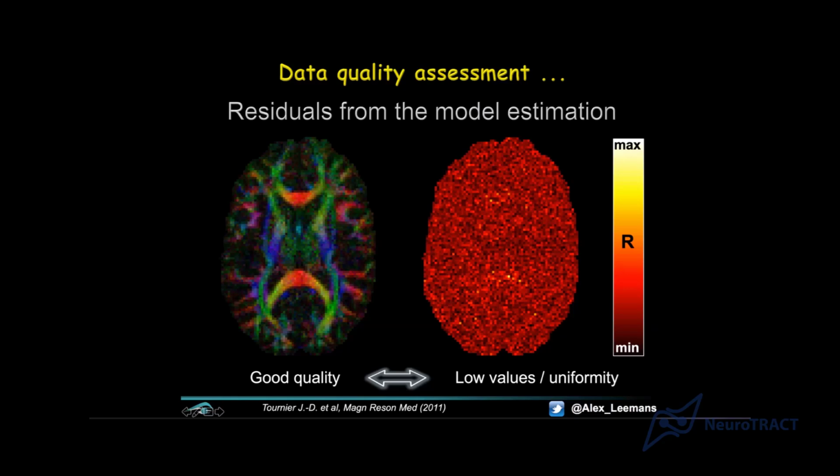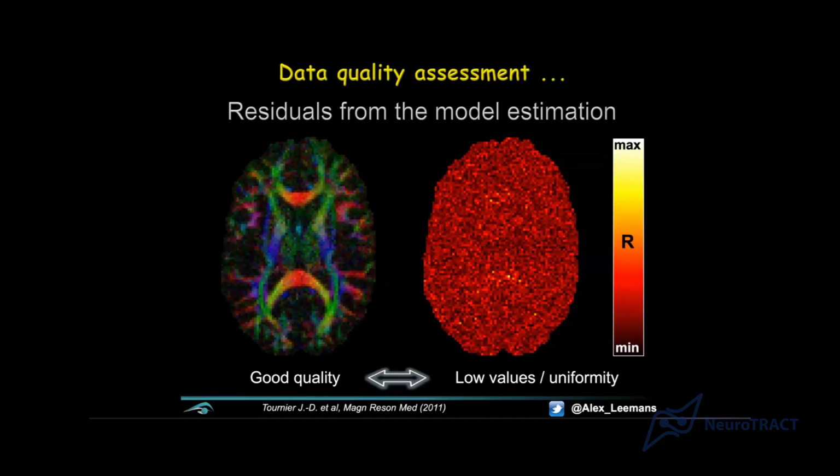Again, it's a lot to sink in, but we're looking at a map on the right, which basically says if you subtract your measurements from what you predict given your model that you estimated, what is left over? Let's look at the perfect world. Let's assume there's no noise in our data. Let's assume our model is perfect.